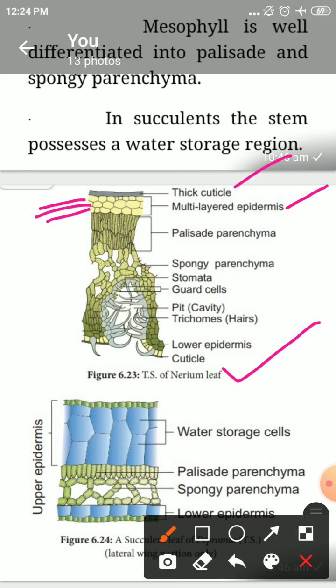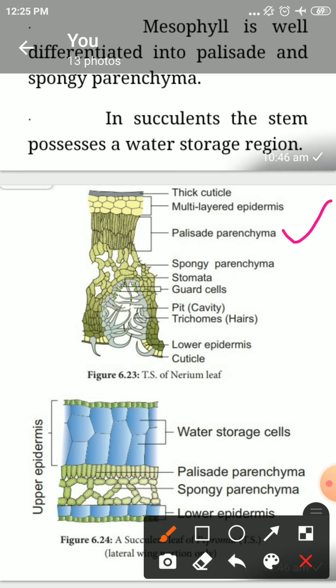So this is about the internal adaptation present in the form of multiple epidermis. Besides this, the Nerium leaf shows a well developed photosynthetic tissue divided into two types.